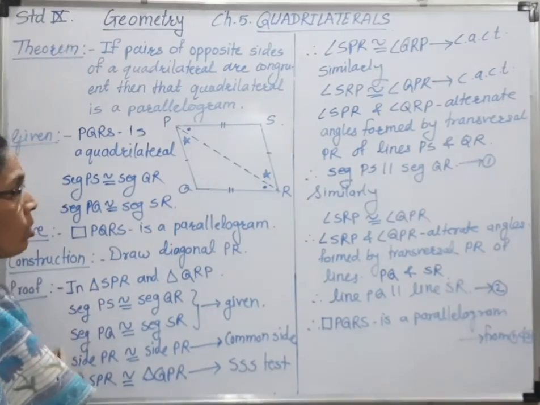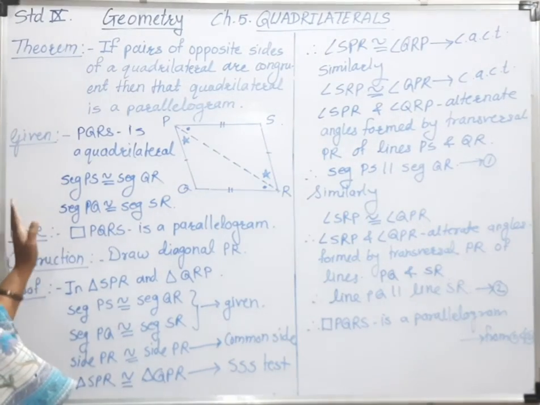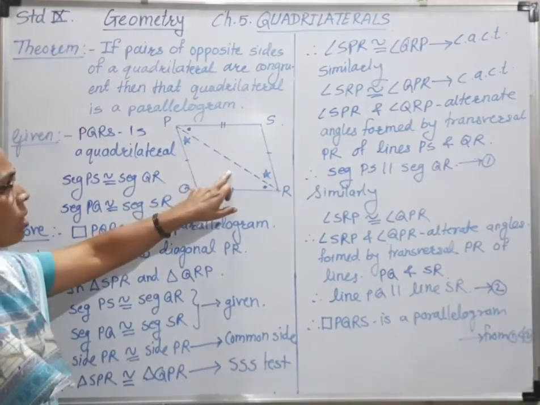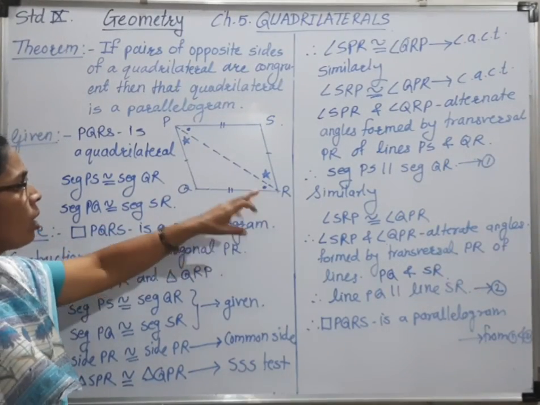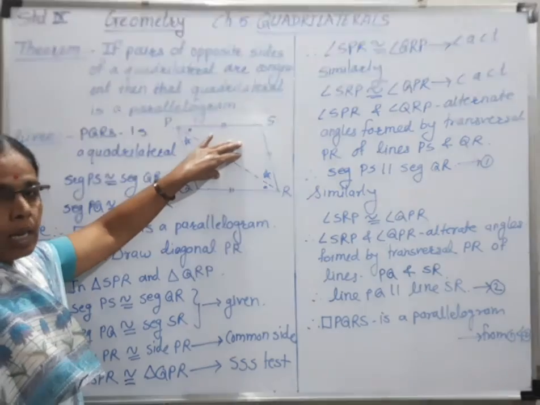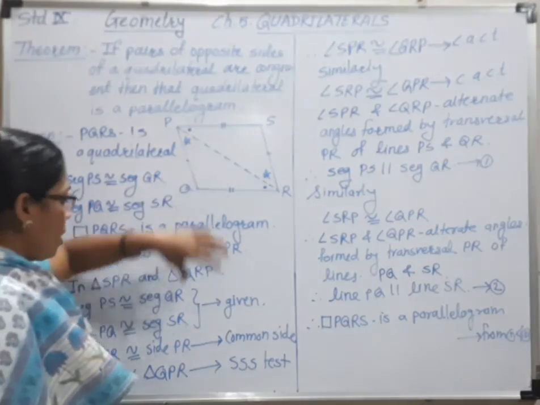I hope you have understood this theorem. See this only, it's very simple. Only we have to first construct here PR, which is the diagonal. We are getting two triangles. First we have to show that these two triangles are congruent by any test.